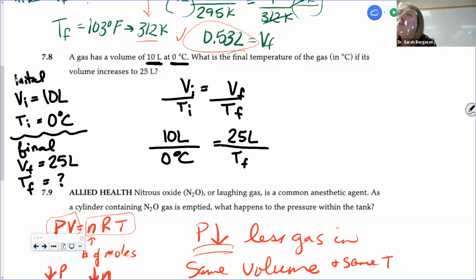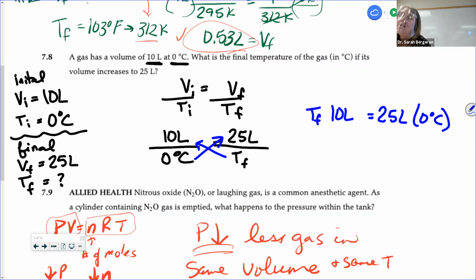Isolate it by itself. Most people will say cross multiply, right? So then you get TF times 10 liters is equal to 25 liters times 0 degrees Celsius.